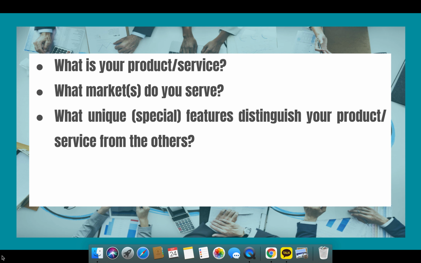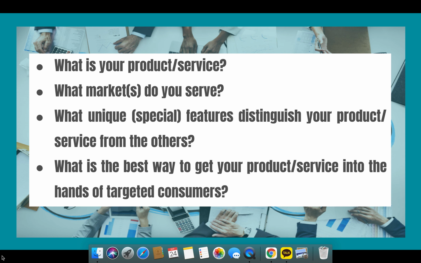Another question is, what is the best way to get your product or service into the hands of the targeted consumers? This is about the place or distribution. If your product, for example, is coffee, how do you plan to serve that coffee?